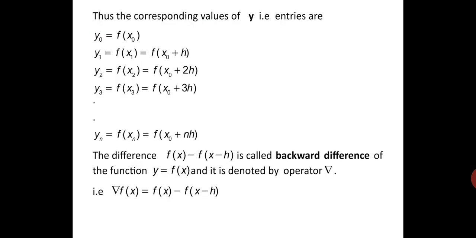Now the corresponding entries are: y0 can be written as f of x0, y1 is f of x0 plus h, y2 is f of x0 plus 2h. Similarly, if you go on writing, yn can be written as f of x0 plus nh.